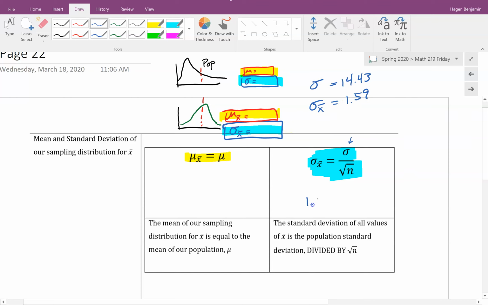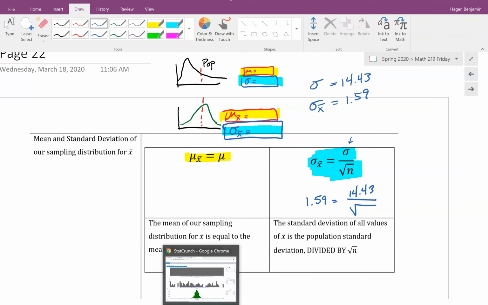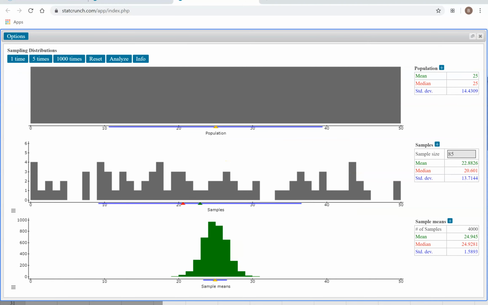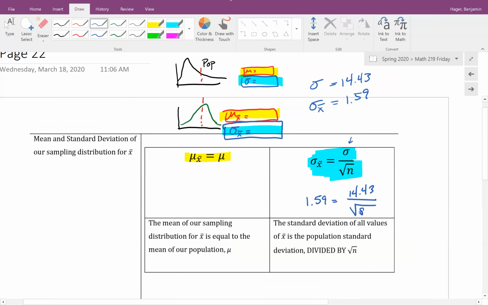It should be that 1.59, the standard deviation of my sample means, is equal to the population standard deviation divided by the square root of my sample size. I don't remember what that was. This was a sample size of 85. So let's plug it in. I'm going to put this in my calculator right now, and they should be pretty close.